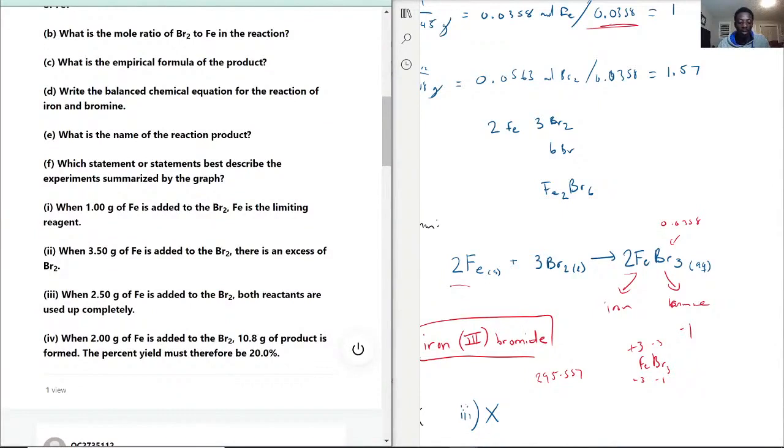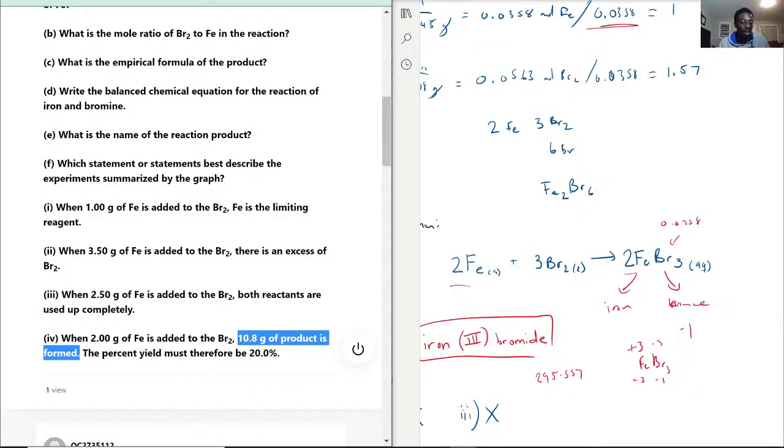So somehow they got more product formed than even possible. The percent yield would actually not be 20%, because 10.58 is the theoretical.